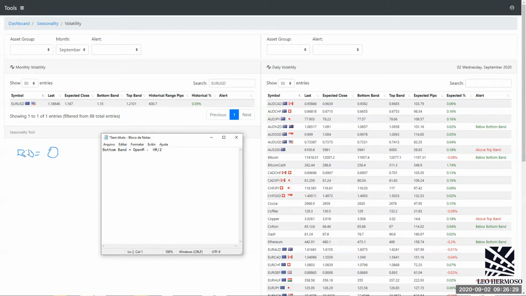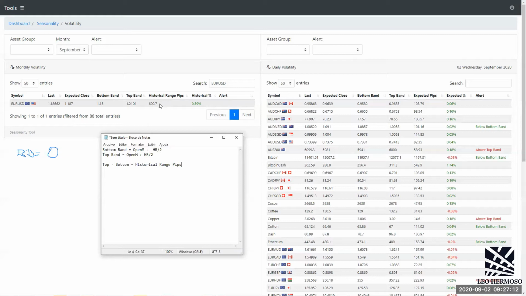And the top band is the open for the month plus the expected range divided by 2, in a way that the top band minus the bottom band is equal to the historical range.